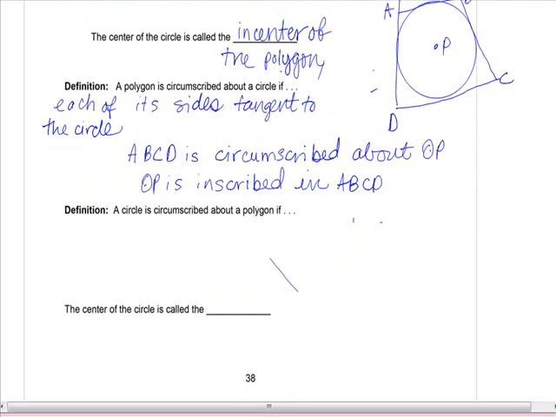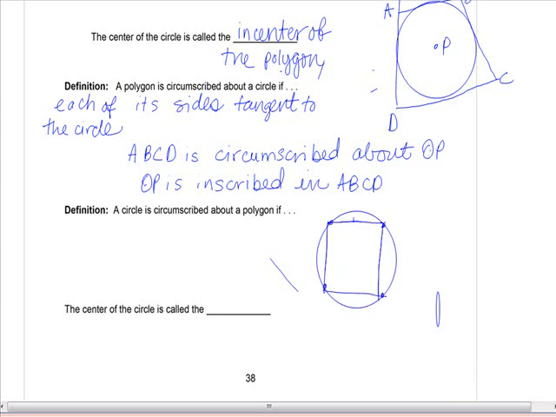Okay, definition. A circle is circumscribed about a polygon if the polygon's vertices are on the circle. So we draw a polygon. It's still handy to draw the circle first, and we've already drawn it up above. Now I'm going to make the polygon a square. So the definition is the same.